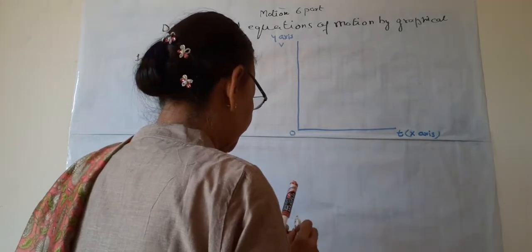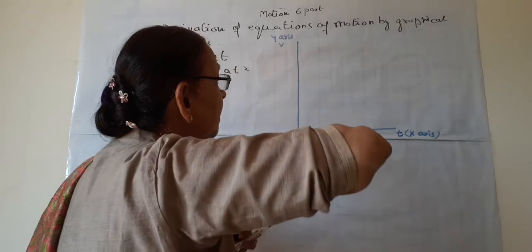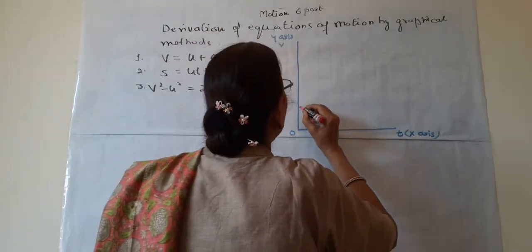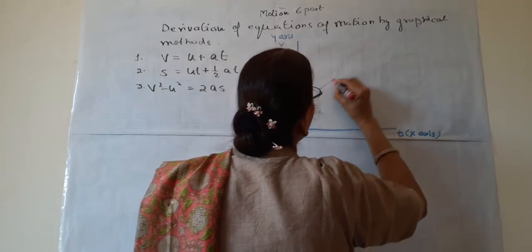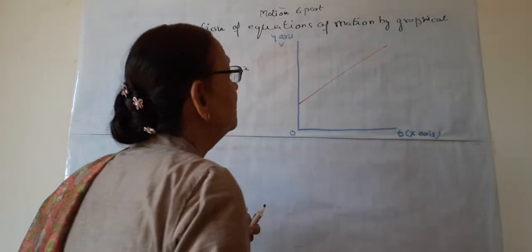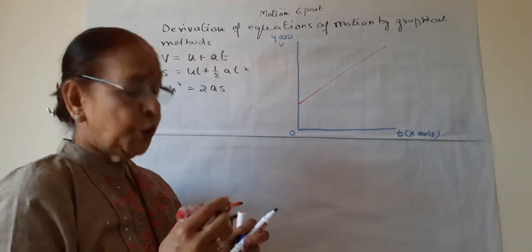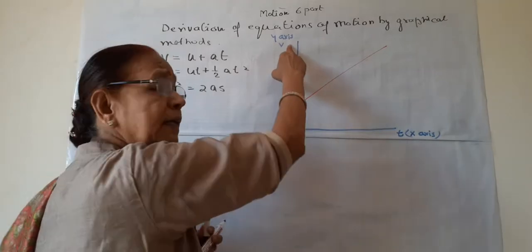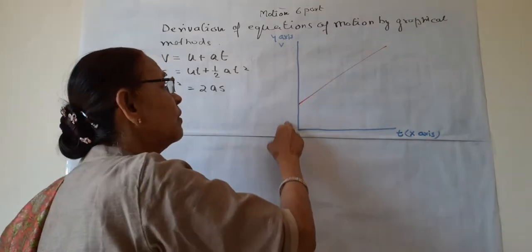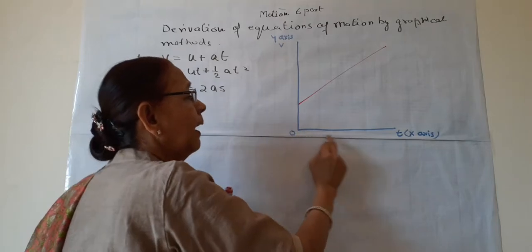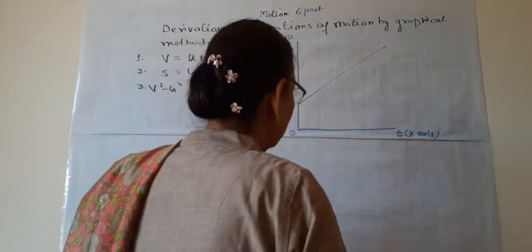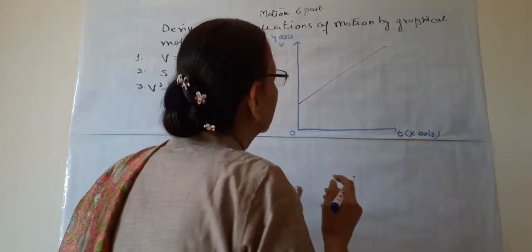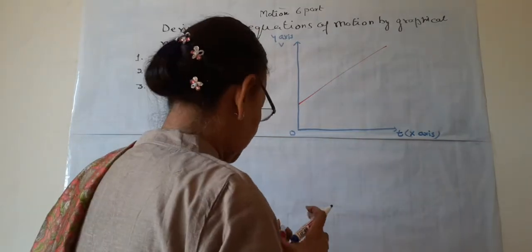So here the graph line which we plot is not at 0. We plot this graph line from here, and this graph line shows uniform acceleration because the velocity is increasing, the change in velocity is uniform, and time is increasing in this direction, velocity is increasing in this direction.